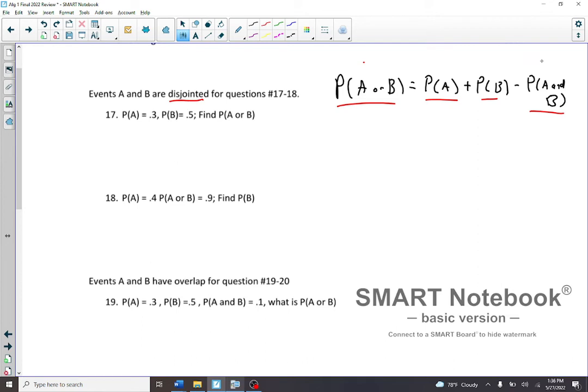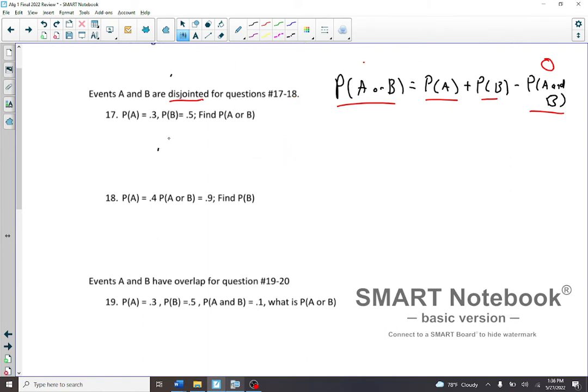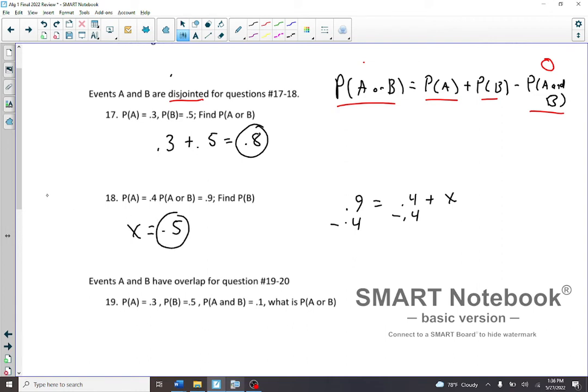And when you see disjoint, that means P of A and B is 0. So for this question, if P(A) is 0.3 and P(B) is 0.5, 0.3 plus 0.5 equals P(A or B), or 0.8. Here, P(A or B) is 0.9. So I would do 0.9 equals P(A) is 0.4 plus X. I don't know what P(B) is, so I would subtract 0.4 on both sides, which means X is 0.5, or P(B) is 0.5.